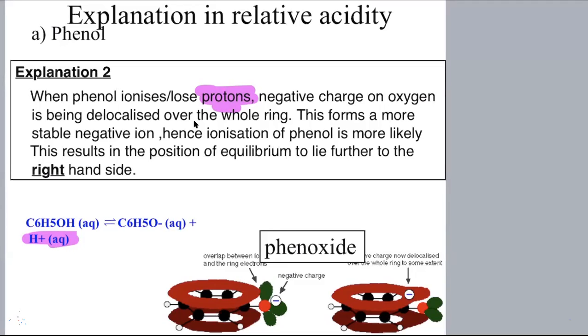That's the first one. The second one is the stability of your anion. If your anion is more stable, it is more likely to be formed. More ions, more dissociation, therefore more acidic. Right, Eric? I don't remember what I said. I probably said something wrong, but you get the idea.